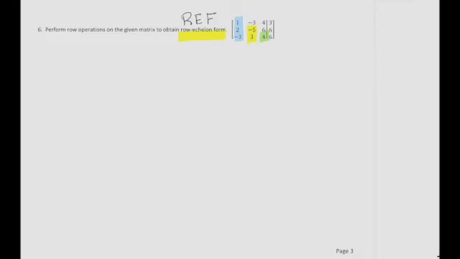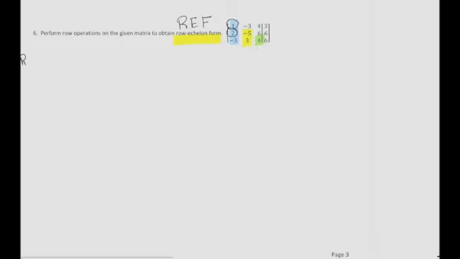Okay, I already have my 1 here, so step 1 is already done, but I need a 0 here. So my next line is going to be a new row 2. And I'm going to get it by doing current row 2 minus 2 times row 1. Not changing row 1.